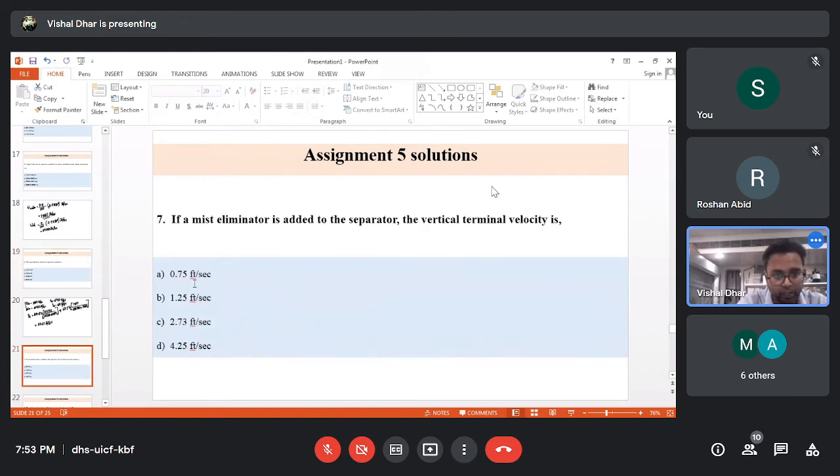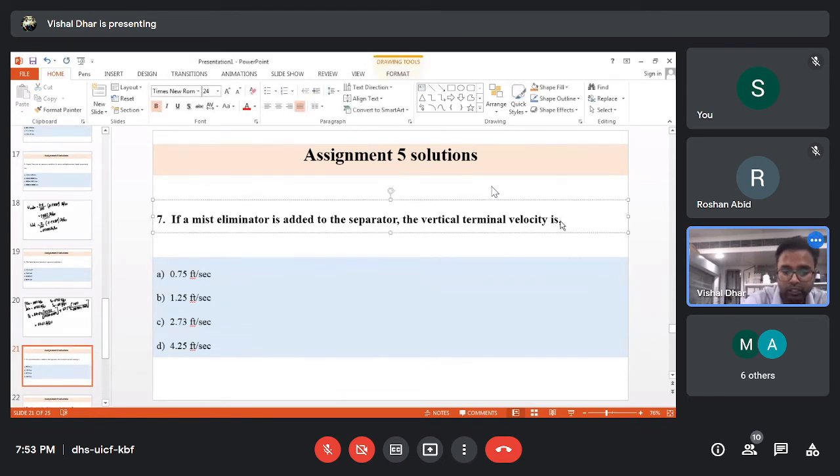Okay, the next question is: if a mist eliminator is added to the separator, what is the vertical terminal velocity? For that, a design constant should be given, which is equal to 0.308.